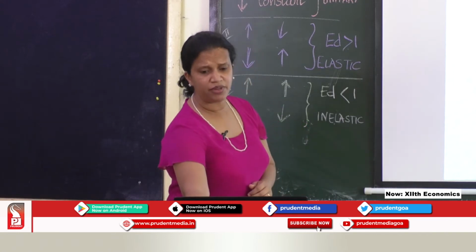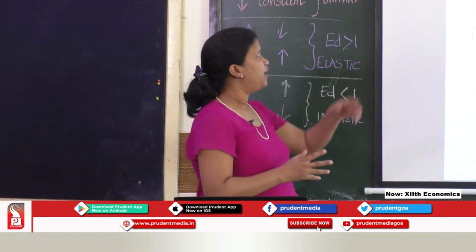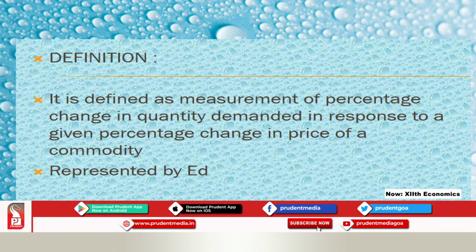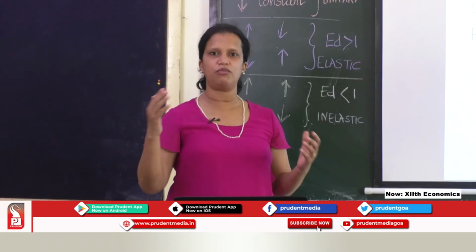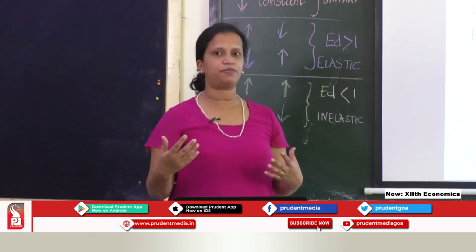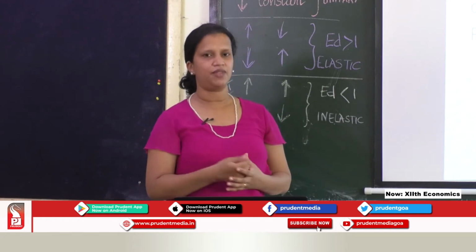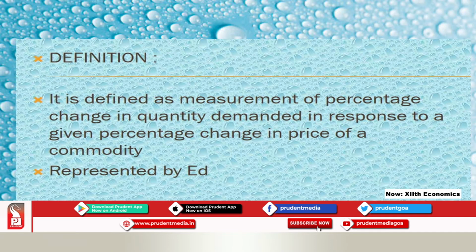In brief, price elasticity of demand is the measurement of a percentage change in quantity demanded in relation to a percentage change in price. We use percentage so that we can compare between different commodities which may be expressed in different units. Price elasticity is represented by the symbol ED. It is a capital E and a small d.